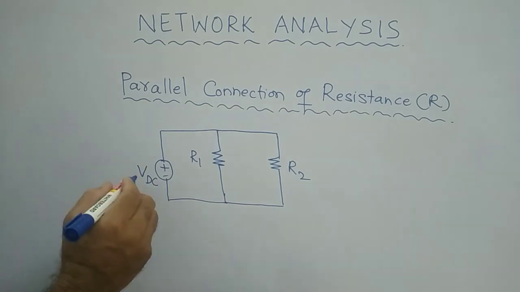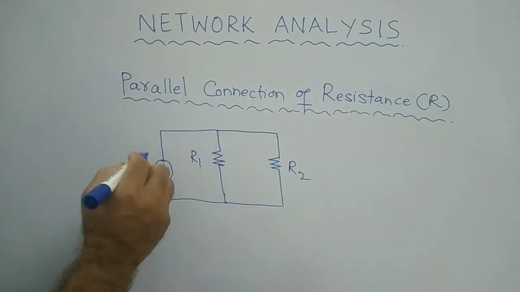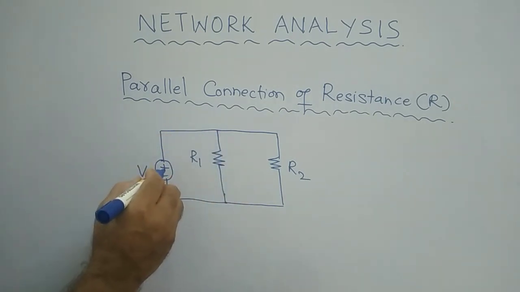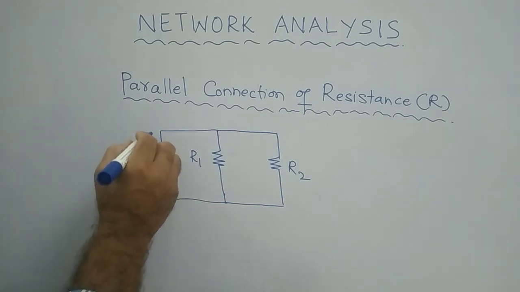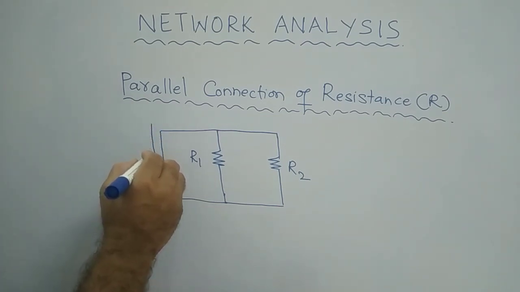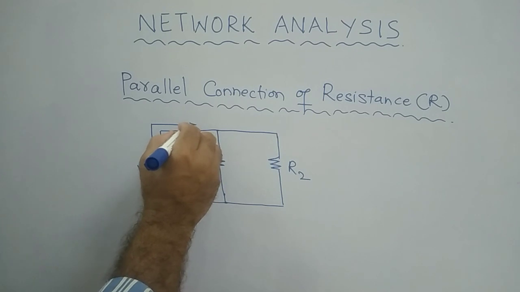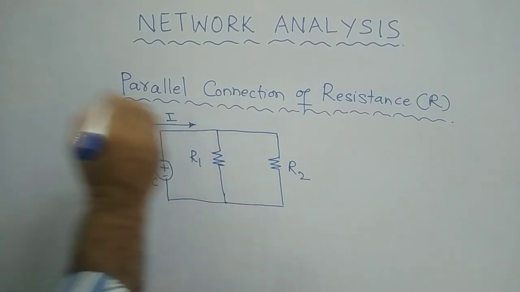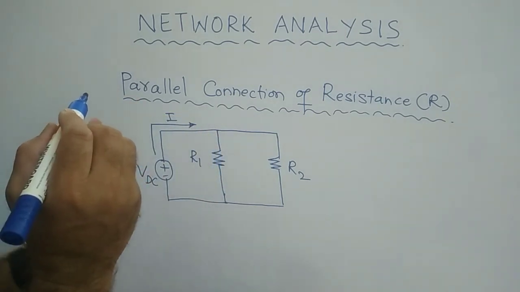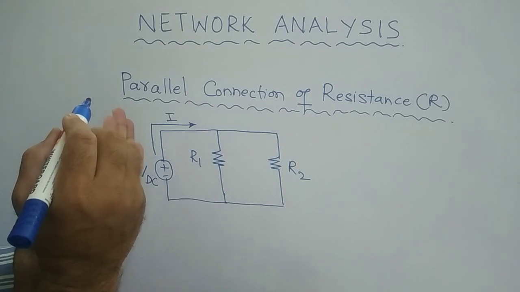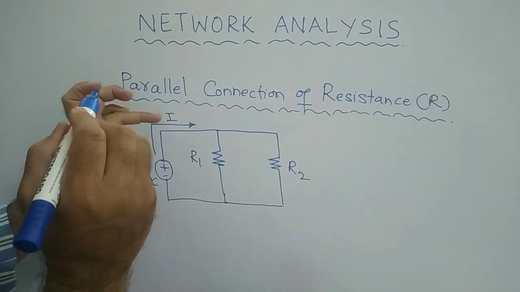So what will happen in this connection? Whenever we apply the DC voltage here, a certain amount of current I flows. Because of this voltage source, some amount of current will be generated, and that current I will flow through the circuit.